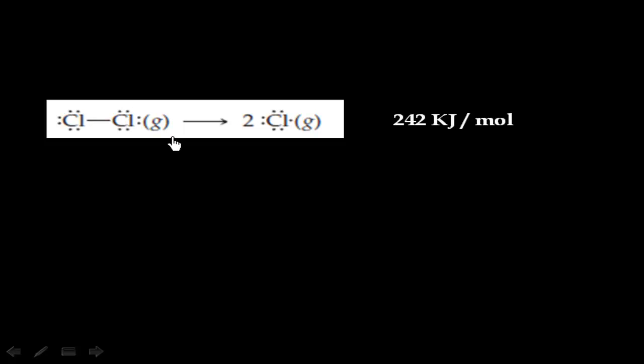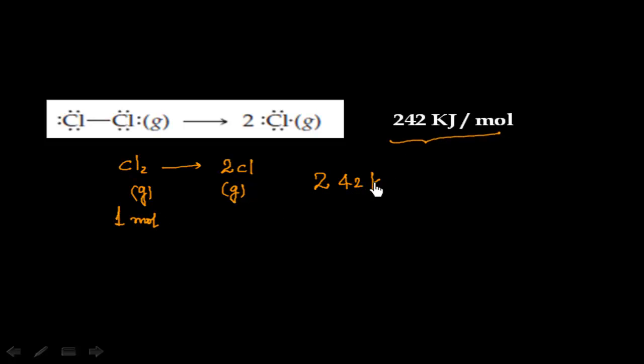For example, a gaseous chlorine molecule can be converted into chlorine atoms. This is gaseous and this is also gaseous. If I take 1 mole of chlorine, the corresponding energy required is 242 kilojoule per mole. So the bond enthalpy for Cl2 is 242 kilojoule per mole.